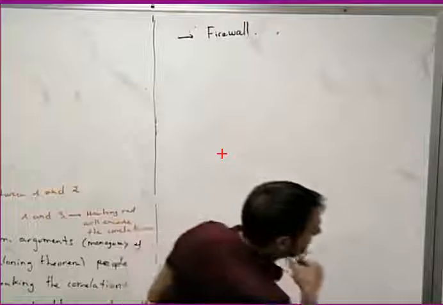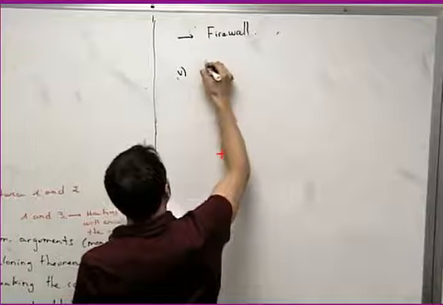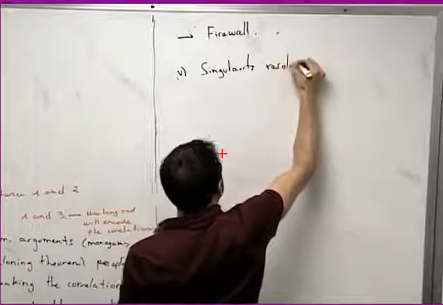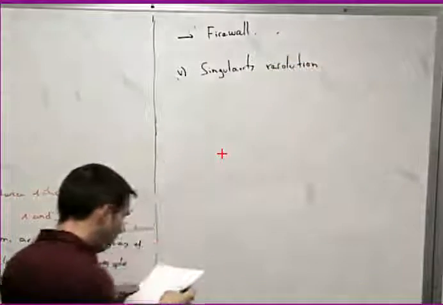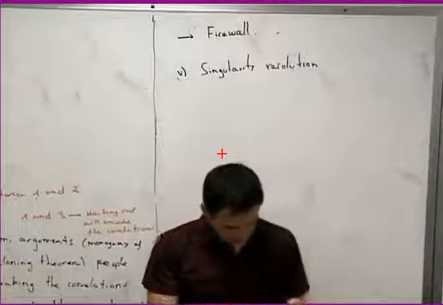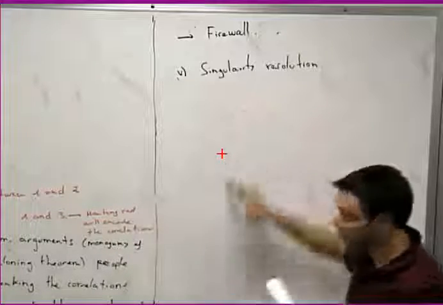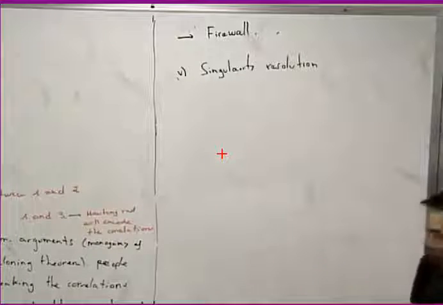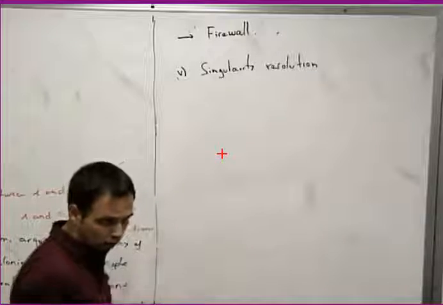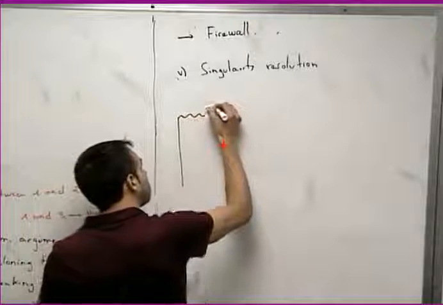And a last proposal, just to finish: singularity resolution. And this is the view that I support, if you ask me what I support. Let me start by saying that in the standard formulation of the information loss paradox, one starts with this Penrose diagram that Hawking wrote for us.